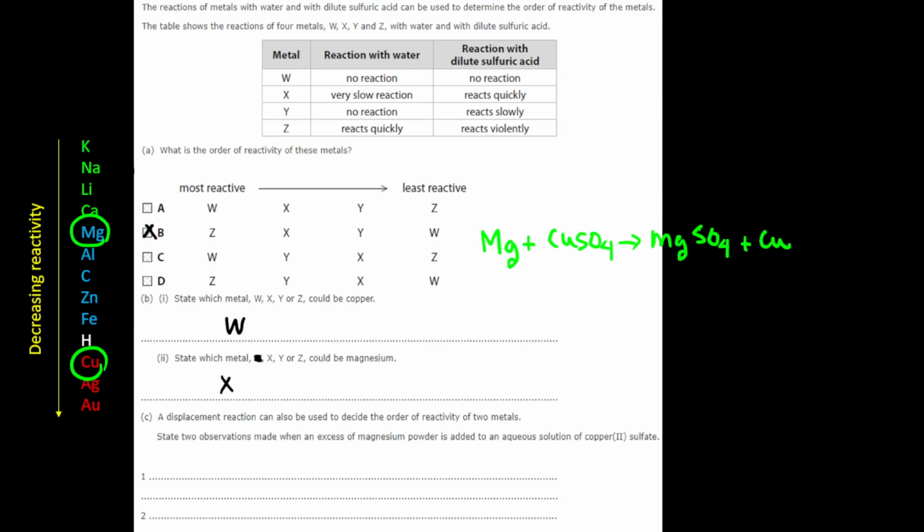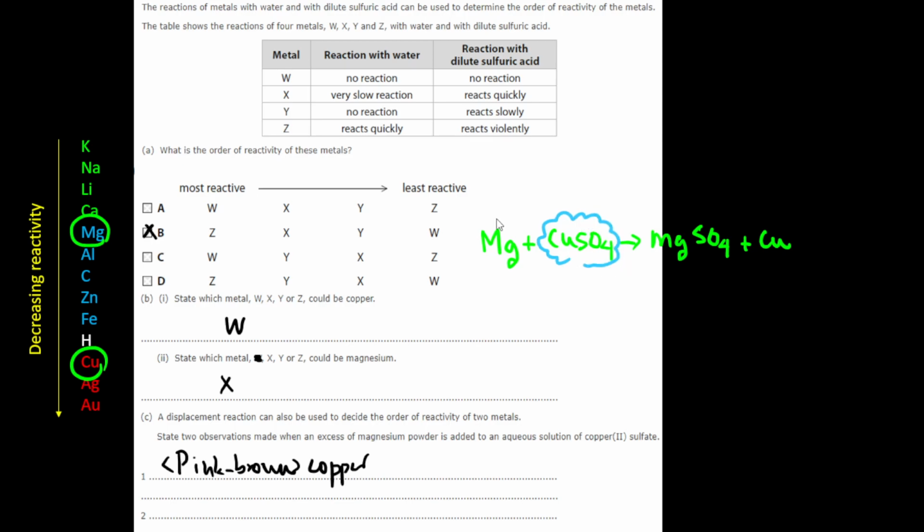So meaning what? Since copper is produced here, you will be able to see pink brown copper deposit or particles. You have to mention the pink brown, because you can't just say that copper is deposited, everybody knows it. And another thing is that copper 2 sulfate will initially be a light blue color.